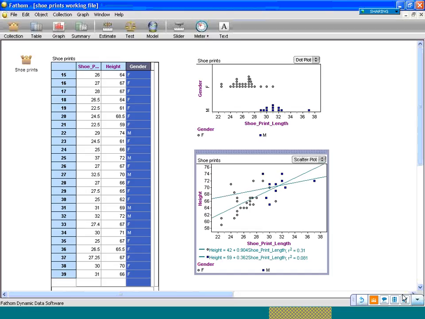Now we're at the point of having them, based on the evidence, based on the value of 31 centimeters for the shoe print length, come up with a description of the person that they believe left that shoe print for the administration. Based on everything that you've seen, what would you like to tell me about our culprit? The principal's counting on you.